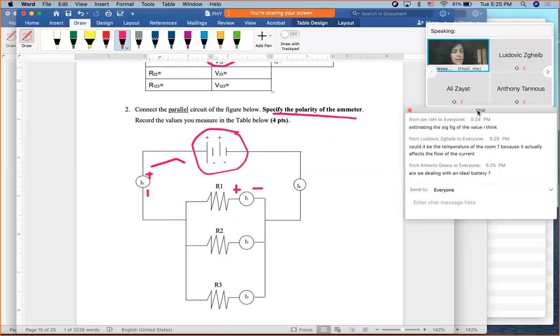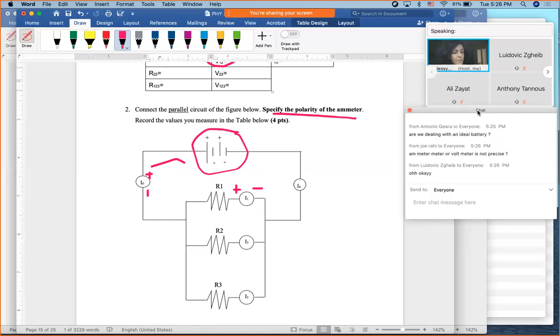Thank you for saying ideal battery. Thank you so much. So let me continue with the temperature. Basically, the resistance of the wire will be affected. So the temperature itself will not create an error unless it's varying throughout the experiment, like it's changing every second.